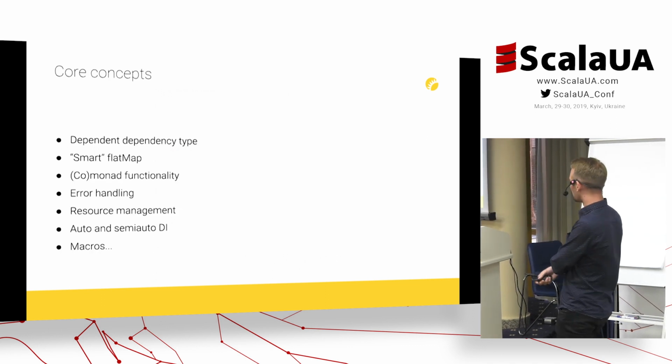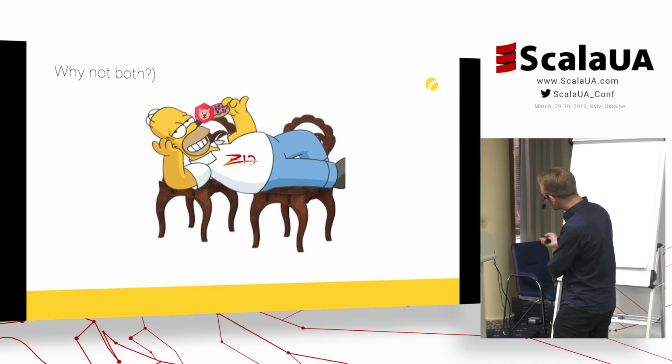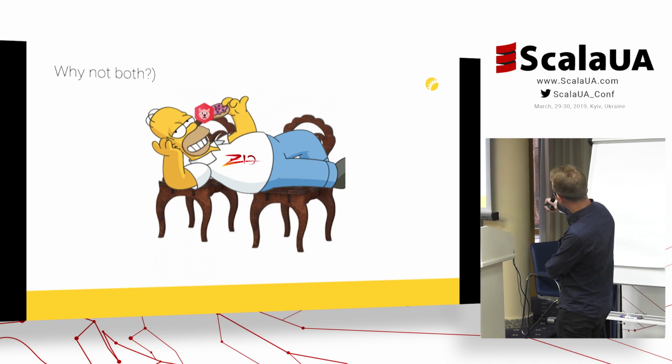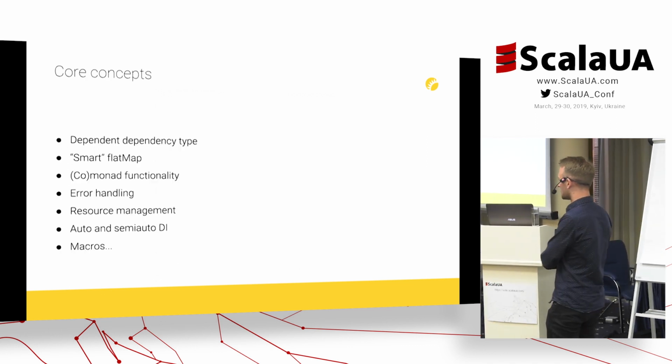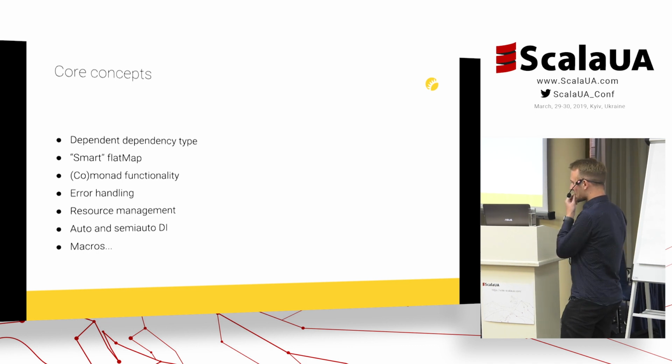Actually, let's talk about Cakeless, which has both Cats and ZIO implementations. The core concept is that Cakeless is implemented using macros, and like Shapeless and Macwire, it picks up the dependency type and looks up the dependent values.